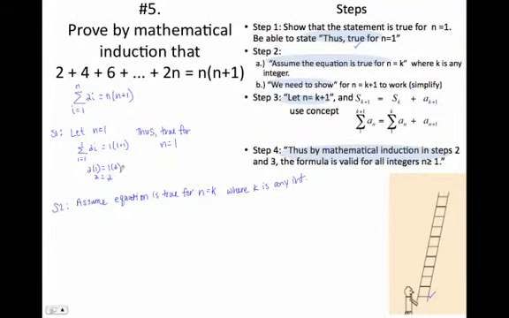I'm just going to write int. What we are assuming is, let n be k, and then the sum still starts at i equals 1 of 2i, and therefore this is going to work: k times k plus 1. So we let our n be k. I know it's kind of weird. We let n be another variable, but we're opening this up for k to be any variable, any number.